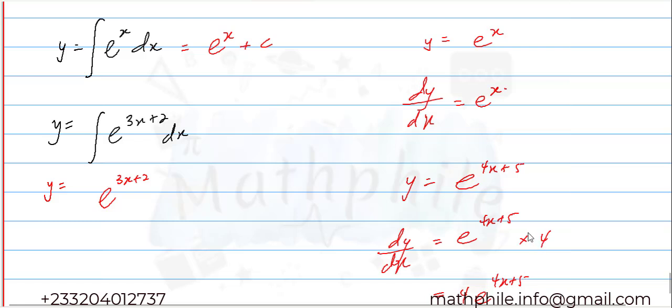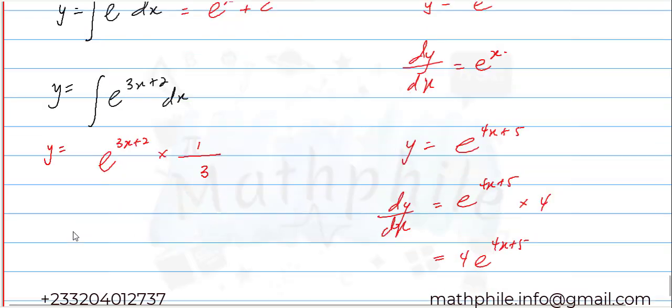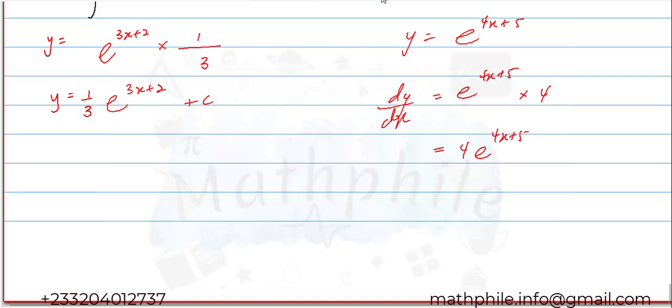With differentiation, you multiply by the differential of what is on top, that's the 4 you can see over here. But with the integration, we're going to multiply by 1 over the differential of what is on top. The differential of what is on top is 3, leaving me with the final answer as y equal to 1 over 3 e raised to the power 3x plus 2 plus c. So the integration of exponential functions in this form is pretty straightforward and nothing to worry yourself over.